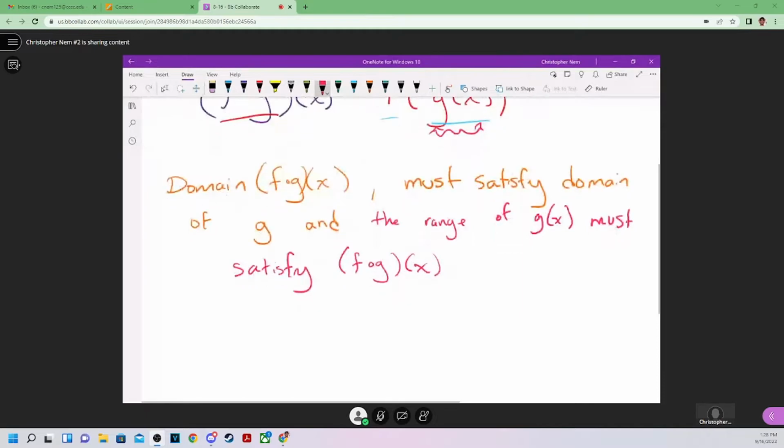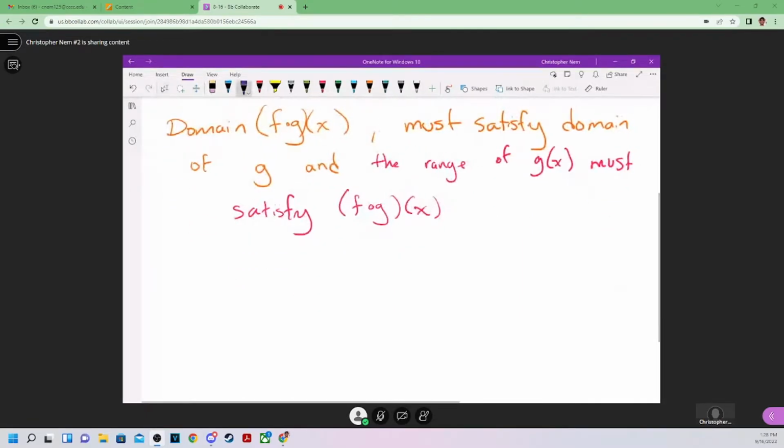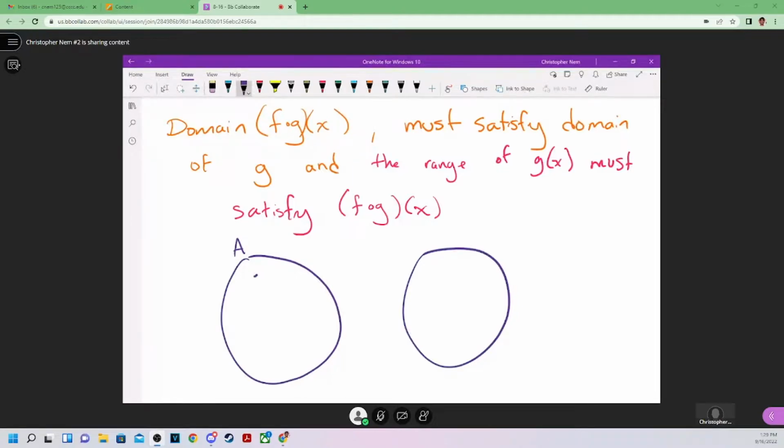What does that look like visually? So here's the mapping of that idea. If I create some space right here, let's call this set A. Set A is where g is defined. And this set A might have, I don't know, fruits. Let's call this apples. Let's call this oranges. But that's the idea. Let's just say apples and oranges. Now we have a function g. This is g of x.